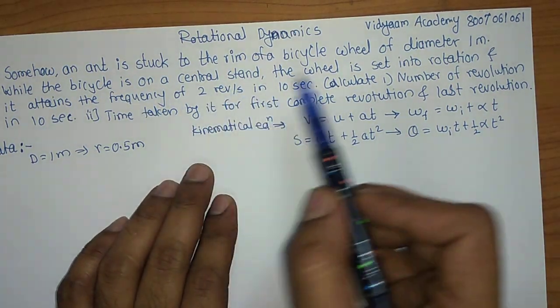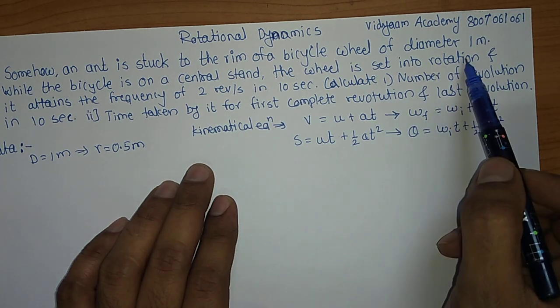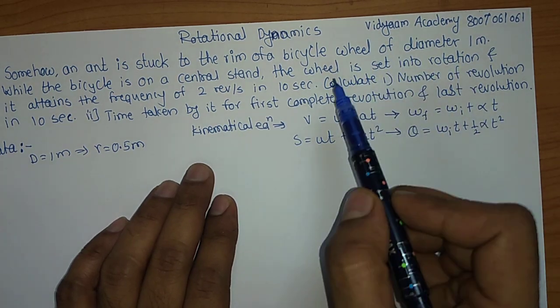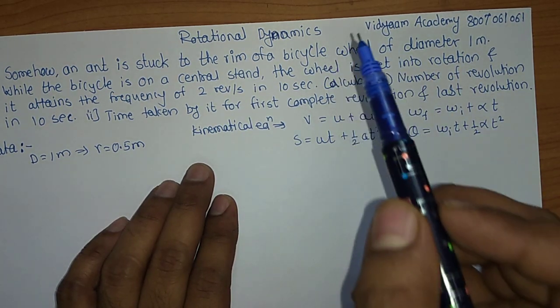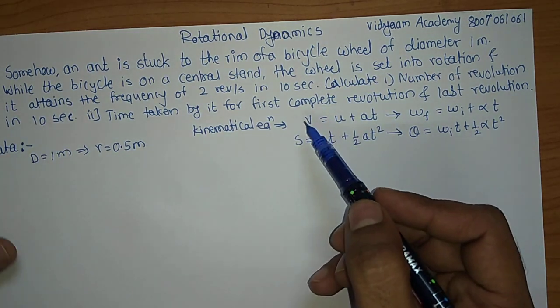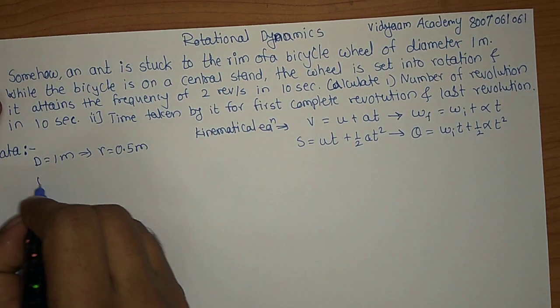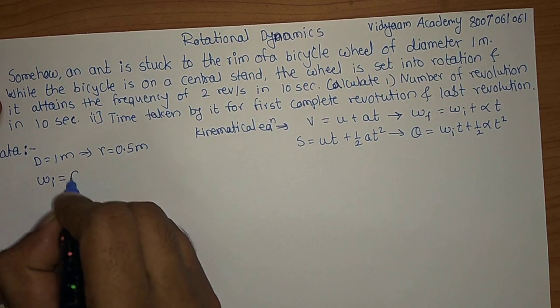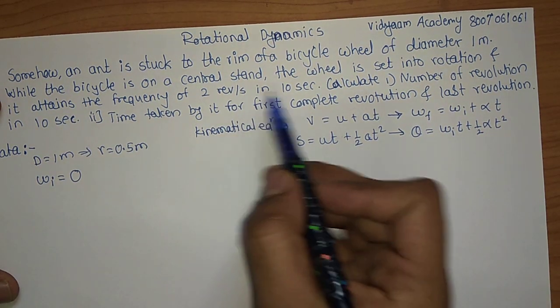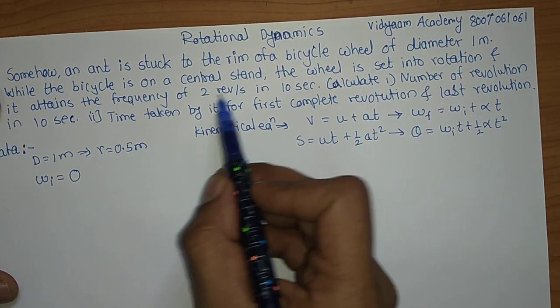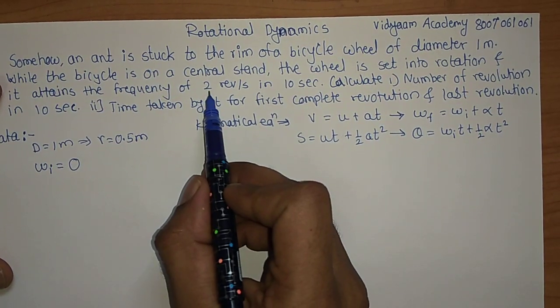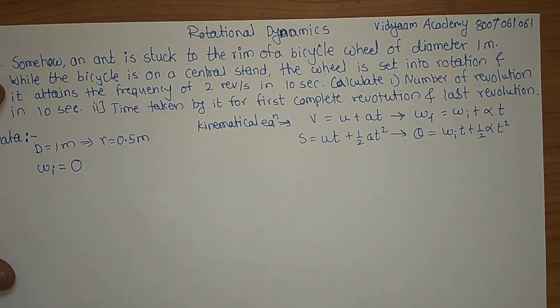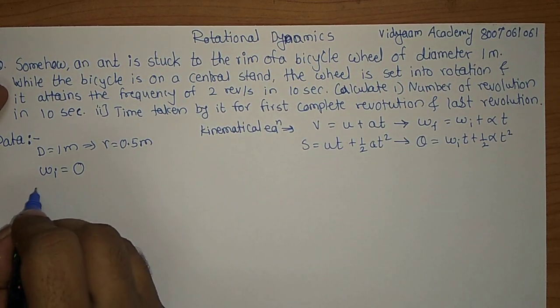They are saying that the wheel is set into rotation. That means initially the wheel is at rest. If the wheel is initially at rest, there is no initial frequency, so the initial frequency will be 0. Thereafter, in 10 seconds the wheel reaches the frequency of 2 revolutions per second. What is the formula of omega?